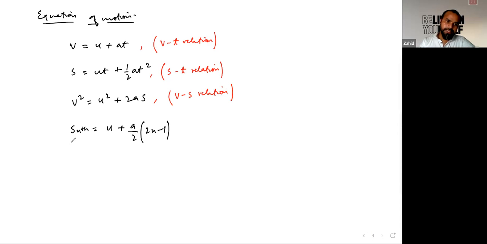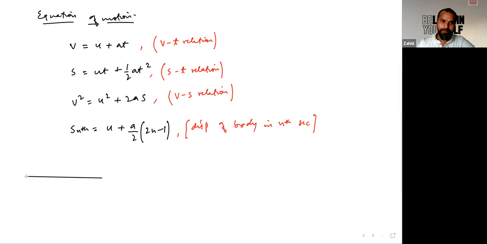The last one, s nth, is the displacement traveled by the body in the nth second. So I'm giving some hints on how to apply these and what they actually mean.